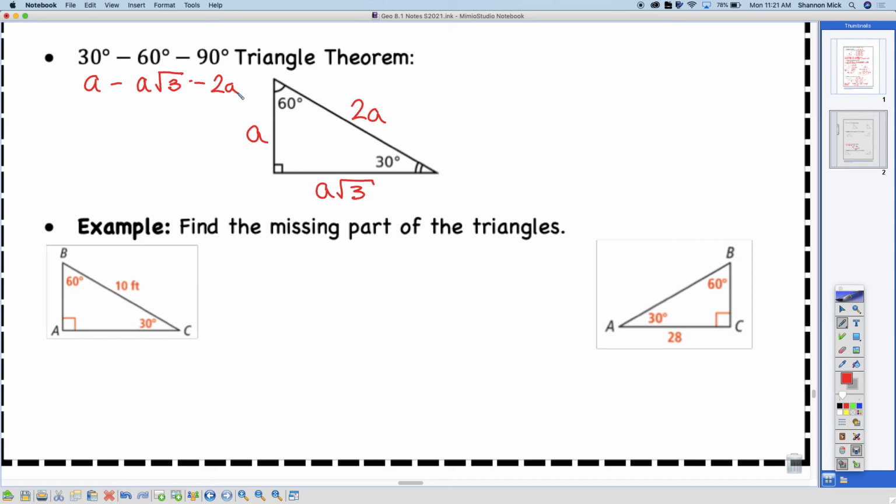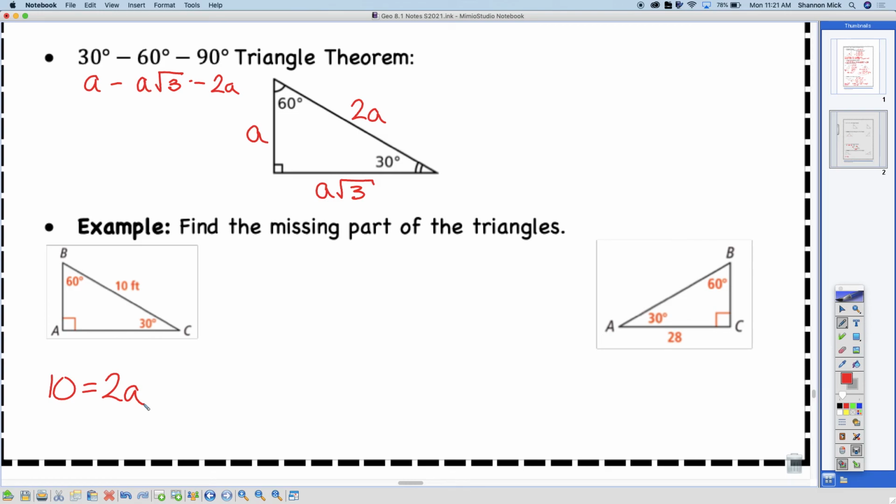So that is what is changing. I'm taking those angles and I'm making this triangle huge and little, back and forth. So, this is a 30, 60, 90 triangle. What part do I have? The hypotenuse. What is the ratio for the hypotenuse? 2A. So if I figure out what A is, can I find the other sides of this triangle? So 10 equals 2A. We're going to set the equation up because it's not always going to be that easy. Could you just do 2A equals 10?